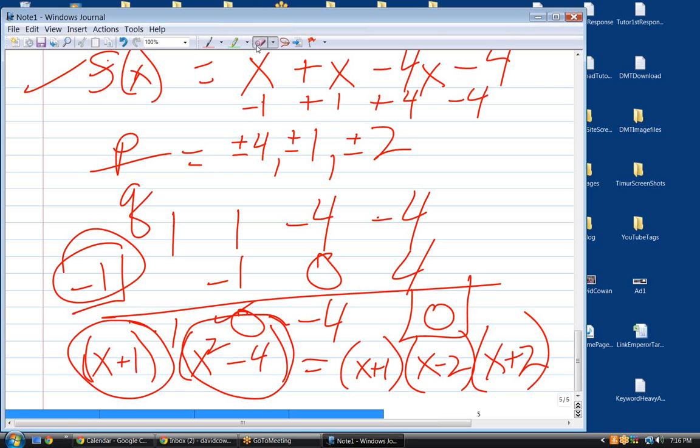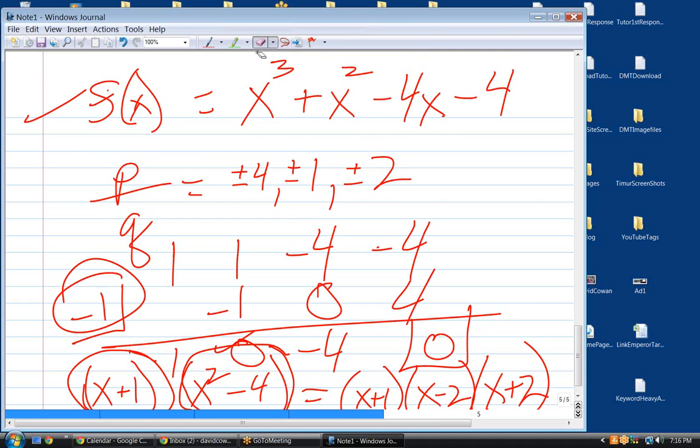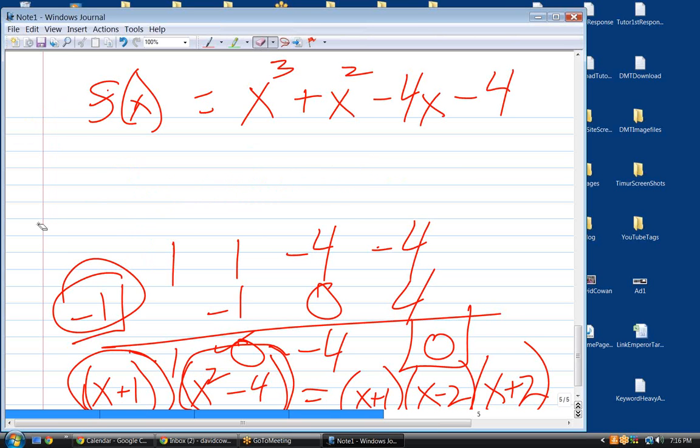Now, I do want to point out one thing. Notice we could actually solve that by grouping. We don't have to use the rational factor theorem, even though I know that that's what they specifically requested.